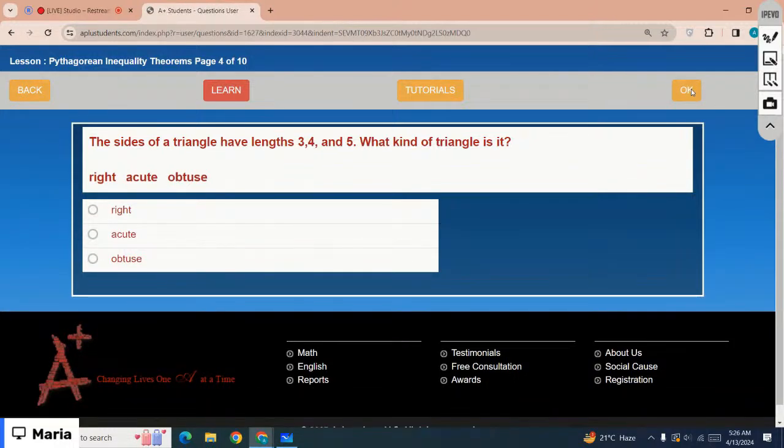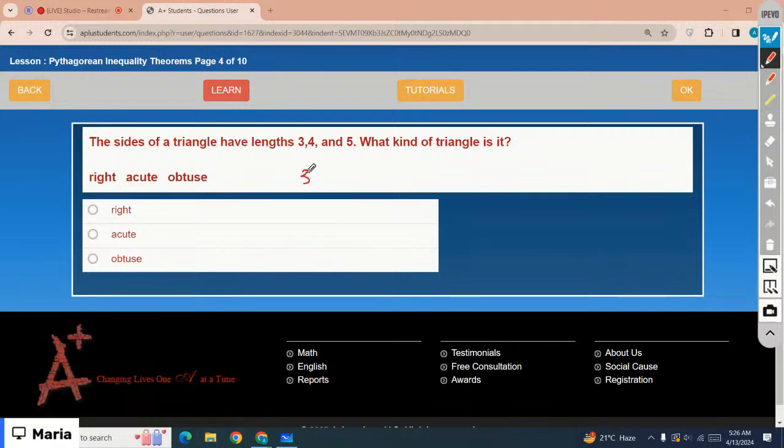Okay, the sides of the triangle have length 3, 4, and 5. So you have to evaluate. Let's just check. They are equal. I think they are a right triangle. 3 square plus 4 square equals 5 square. So both sides are exactly equal.